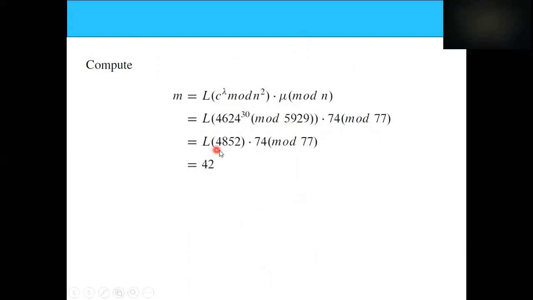If I apply this and apply the modulus to the whole expression, I have to calculate it with mod 5929. Then ultimately I have to perform all these calculations under mod 77. So I'll get back 42. This is my final plain text after decryption.